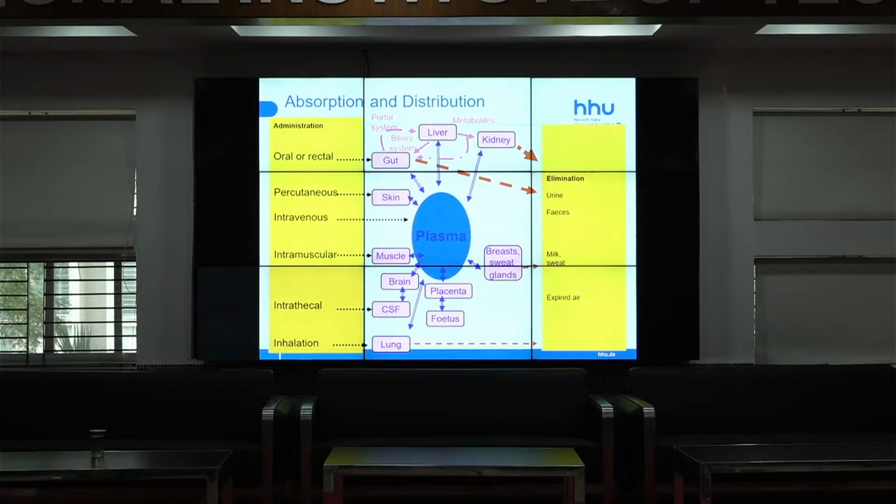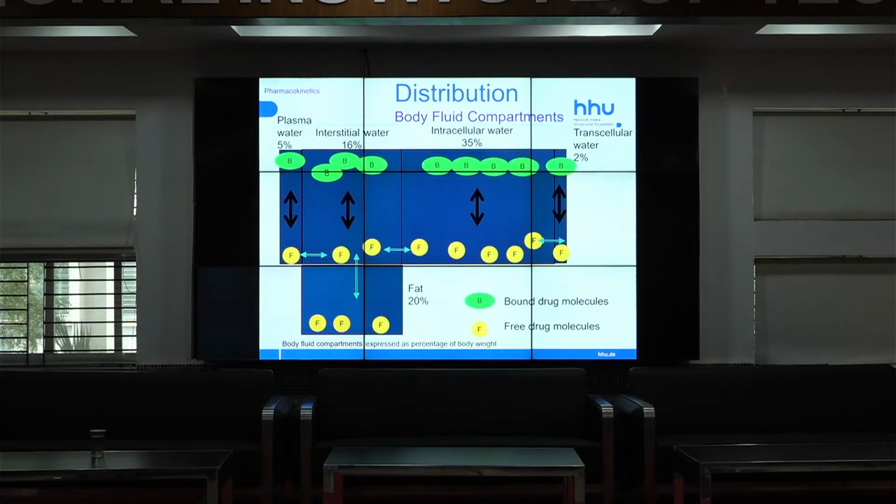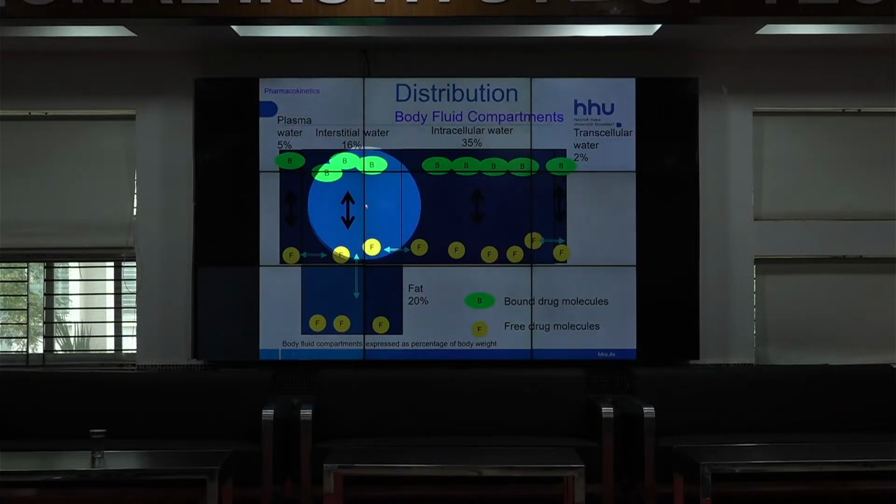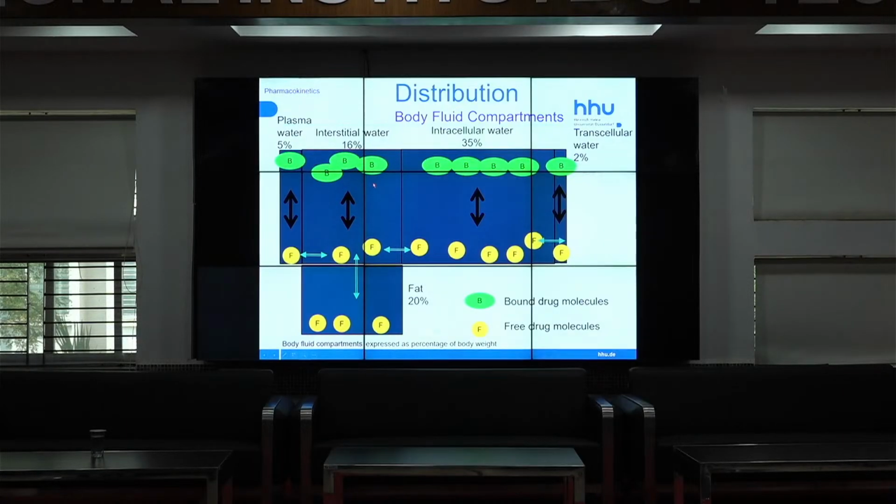But I do not want to overlook the distribution process, because this is also important. With the distribution process, we have different compartments. So when you have here, for example, the intestinal water, then your compound could be what is here the yellow dots. This is the free drug. And the free drug can then have a good plasma binding. Plasma binding or other things then goes for the bound drug here, and there you always have an equilibrium.